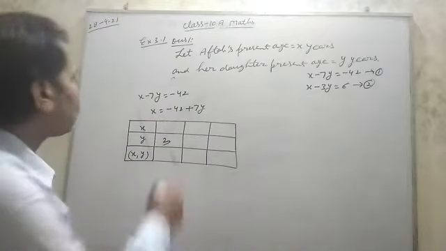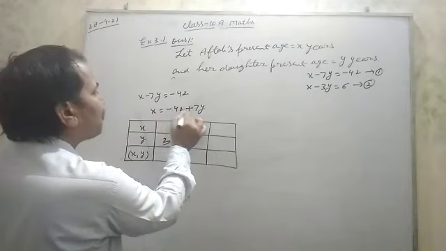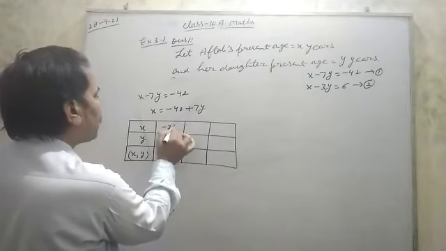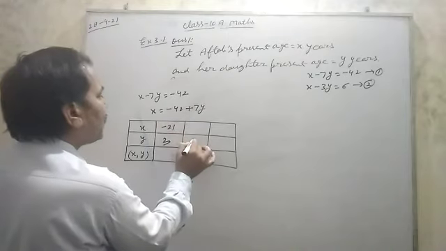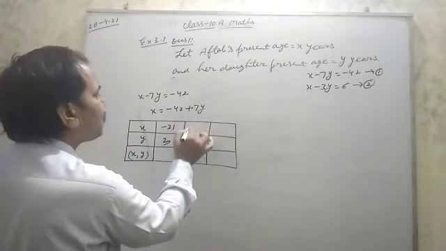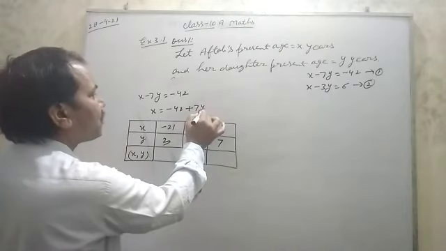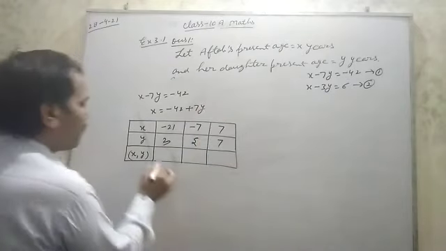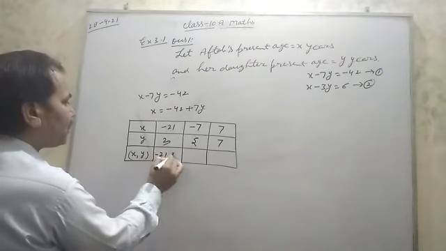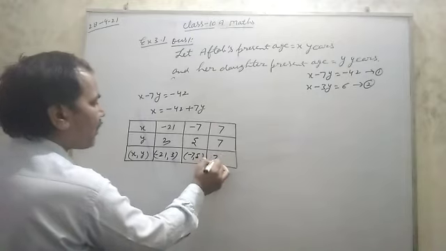Okay, so 3, so minus 42 plus 21 means minus 21. Clear? Then you take 5, so 35, so minus 7, then take 7, so 49, so plus 7. Means these points you have to represent on the graph paper.